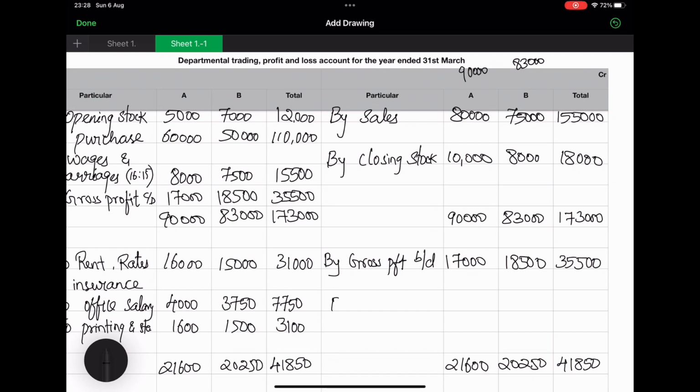If I minus the total, I'm going to sustain net loss, that is balancing figure. How much? I'm going to get 4,600 and 1,750 for departmental B, 6,350 for total.